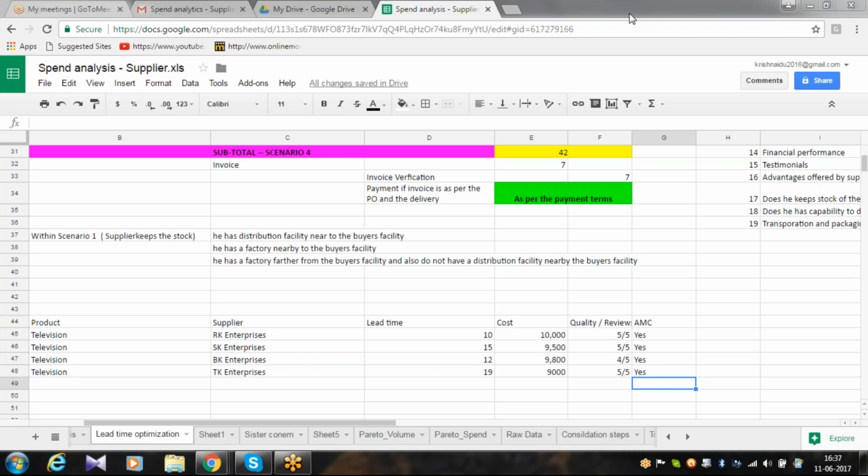Each has the delivery lead time mentioned there. Similarly, we have also mentioned their costs. We have also tracked their quality, by tracking their reviews, and everybody is doing pretty well. And everybody is providing the AMC, which means annual maintenance contract. So now we have to decide the best supplier, whom to choose.